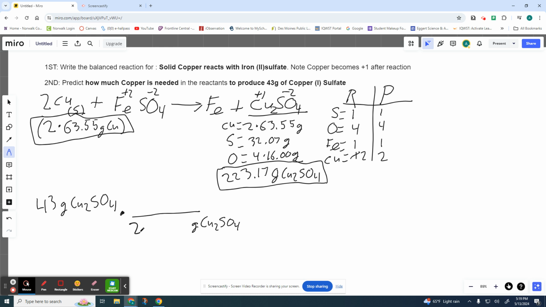So I know it's true that I need 223.17 grams of the copper 1 sulfate according to the reaction to make this thing work. But also, I know the recipe calls for copper in the 2 times 63.55 from the reaction above.